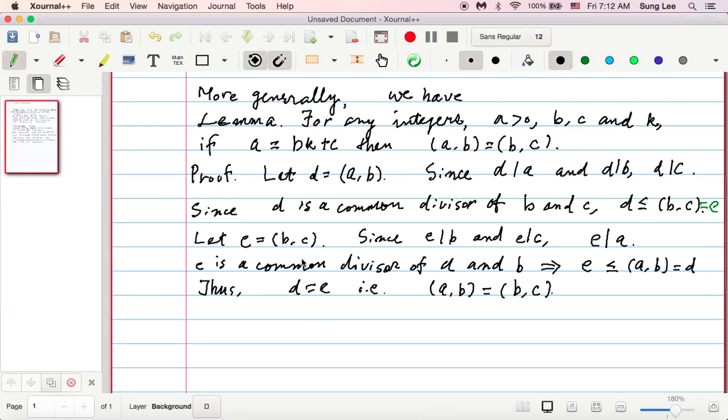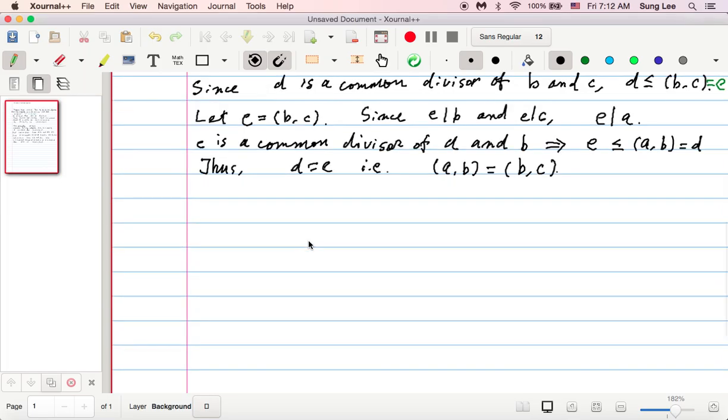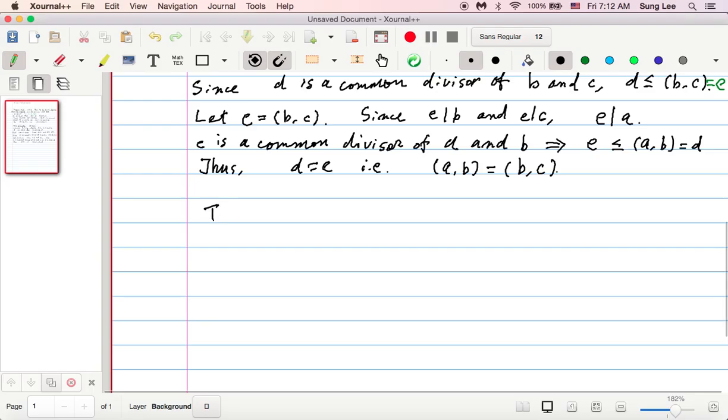Okay, so here's the theorem. I'm talking about the Euclidean algorithm.